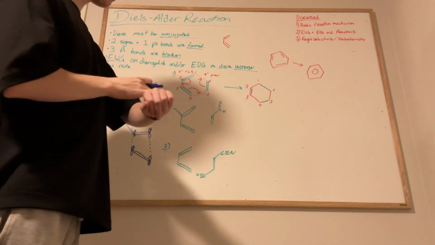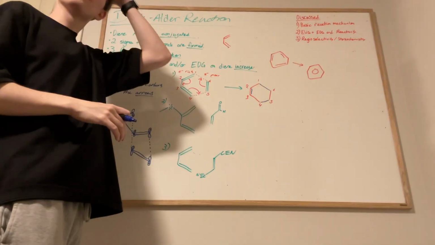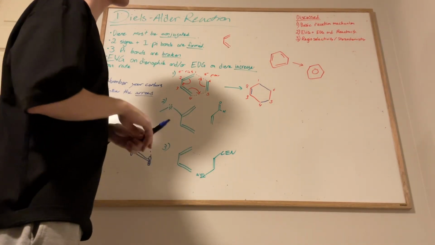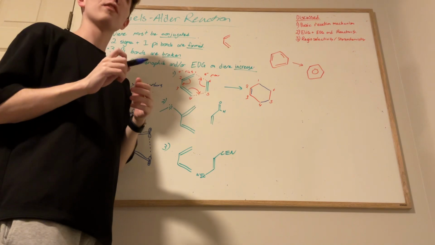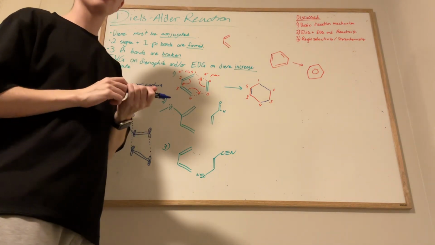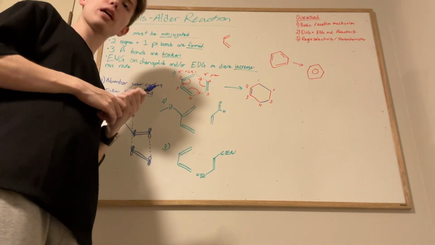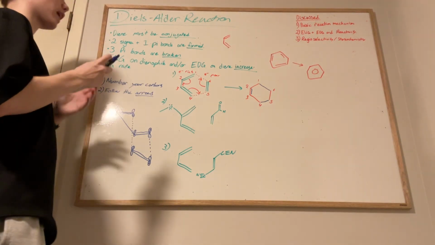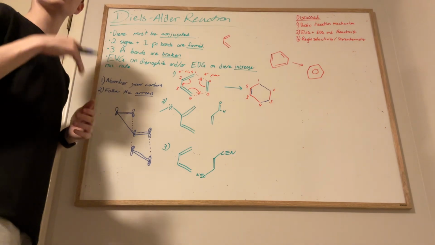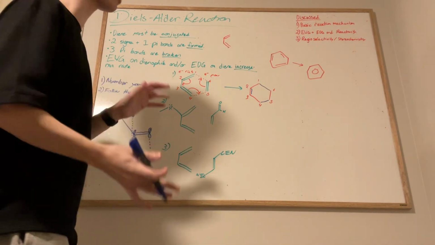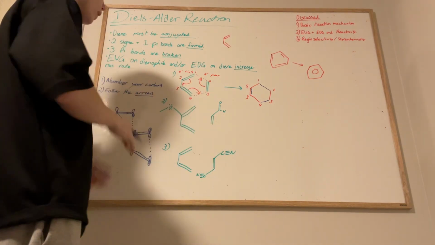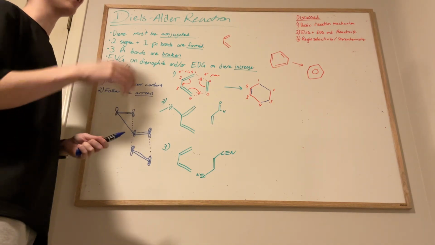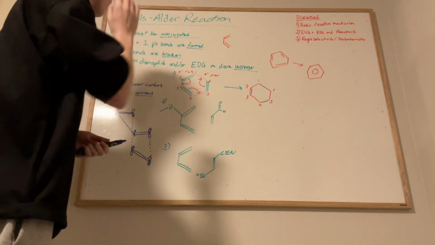Keep in mind a double bond is going to be a pi bond, and our single bonds are sigma bonds. If that is something that's confusing you, I would advise going back and watching a few general chemistry videos, because this is all orbitals, and it's not really going to be covered in organic chemistry unless your professor is kind enough to go all the way back and explain that to you.